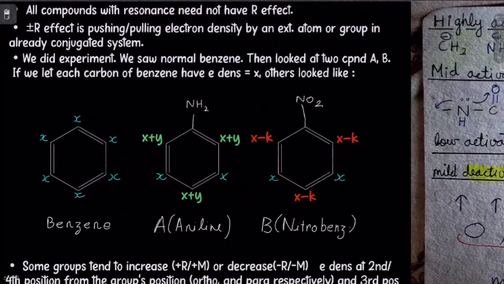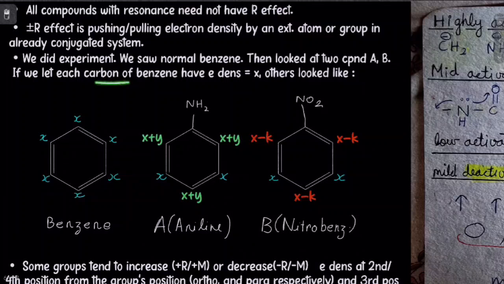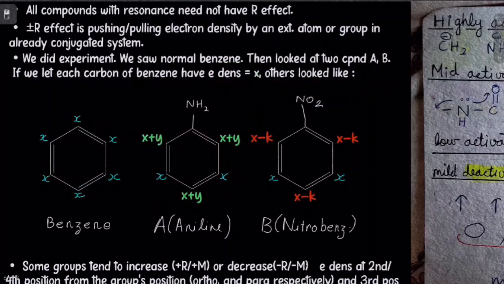To understand this, we did an experiment. How? We looked at normal benzene, then we looked at two compounds, aniline and nitrobenzene. Okay, label them A and B. Now, let each carbon of benzene have an electron density equal to X. So when we added NH2 here, we saw that the electron density at the carbon which is two carbons away from the point of addition of NH2 had the same electron density.